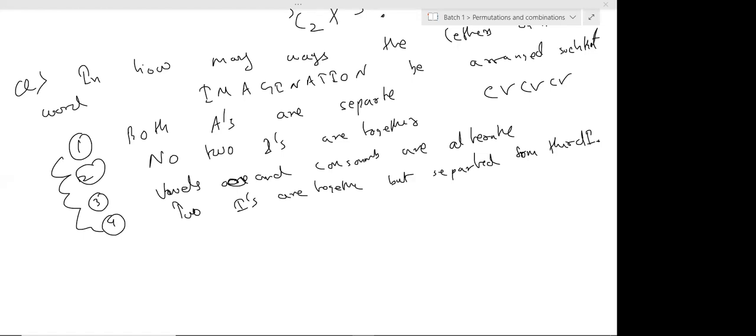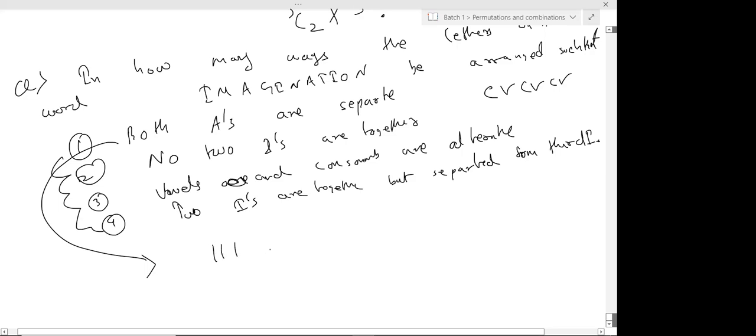No, sir. Just think about this, just like the previous questions, right? Try to solve. See, in the first part, they are saying both A's are separate. So first, let's write down the letters.